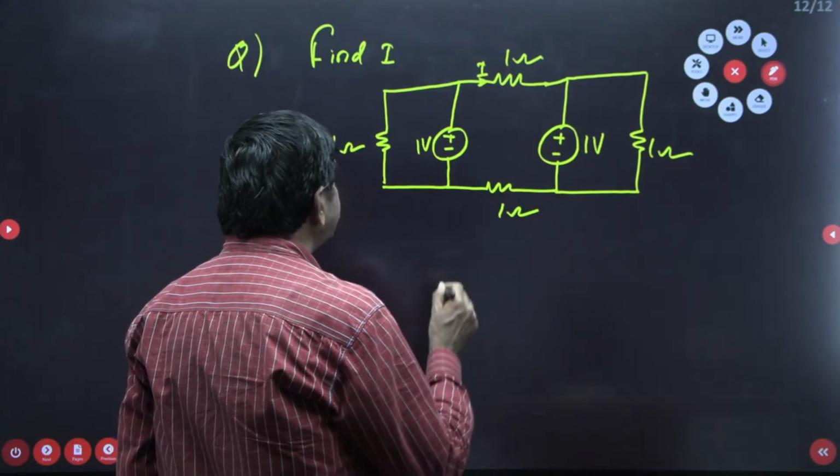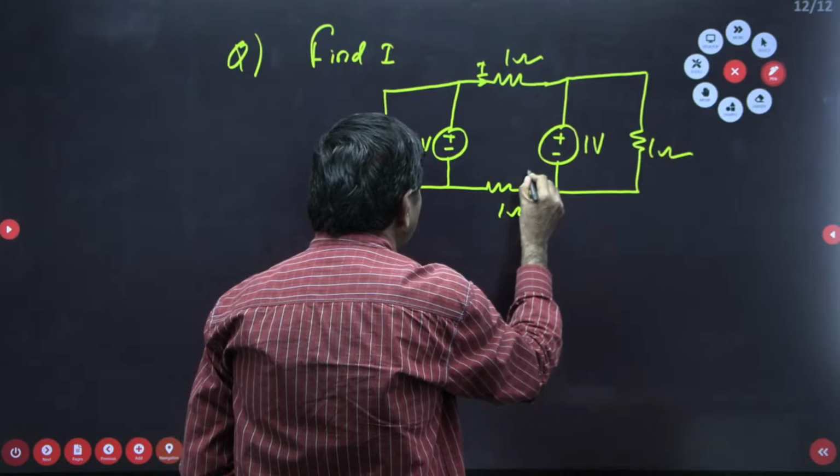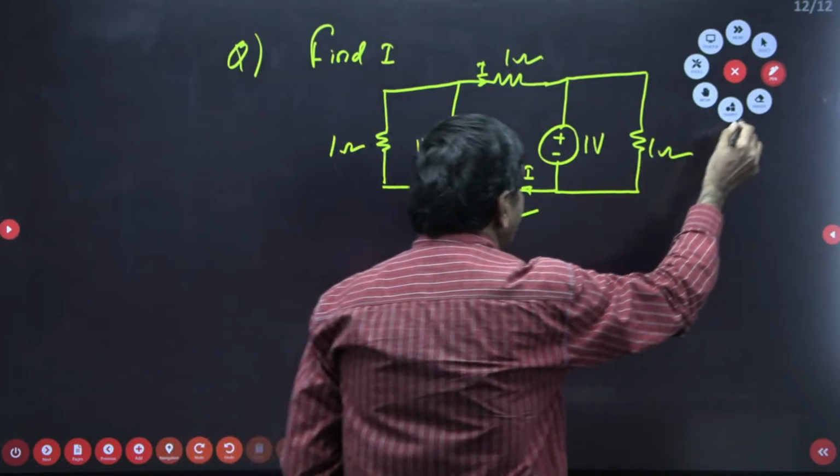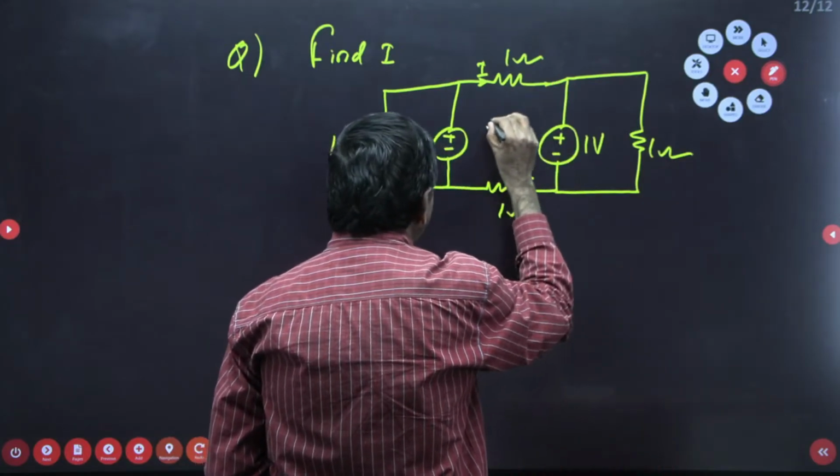In this case, if this current is I, even this current will also become I, no doubt, everybody knows. Then I can determine by selecting this loop.